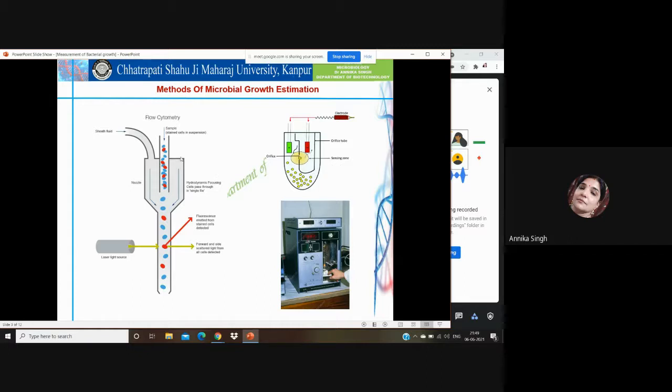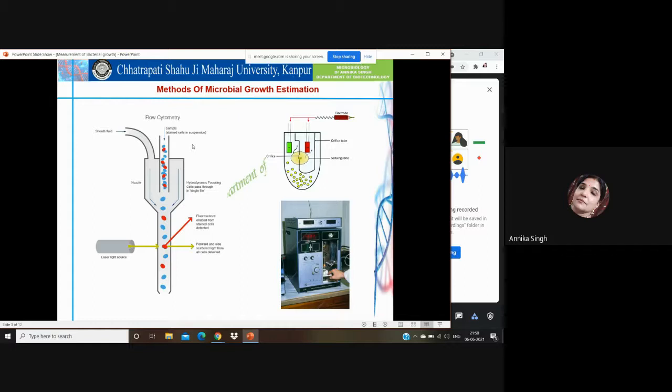However, with the use of a flow cytometer, if we prepare a fluorescent dye that can differentiate between live and dead cells, it is possible to directly count the number of live and dead microorganisms in a sample. So the flow cytometry method is much more valuable in comparison to the Coulter counter method.